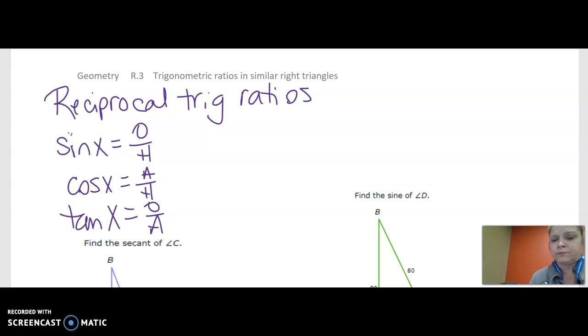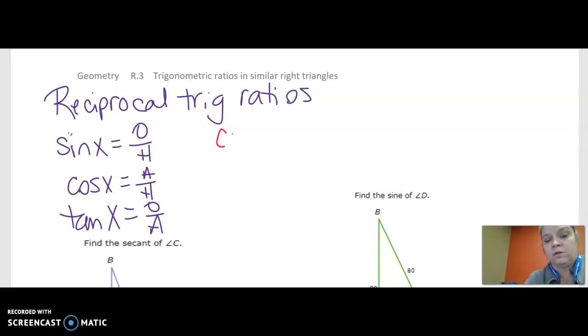But what happens sometimes is that these, opposite over hypotenuse, adjacent over hypotenuse, and opposite over adjacent, can be flipped. And when they're flipped, they're not going to be called sine, cosine, and tangent anymore.